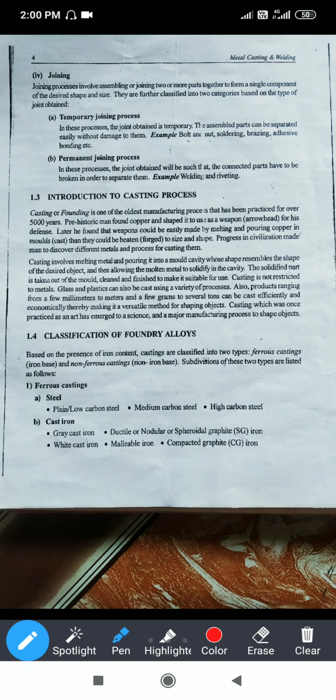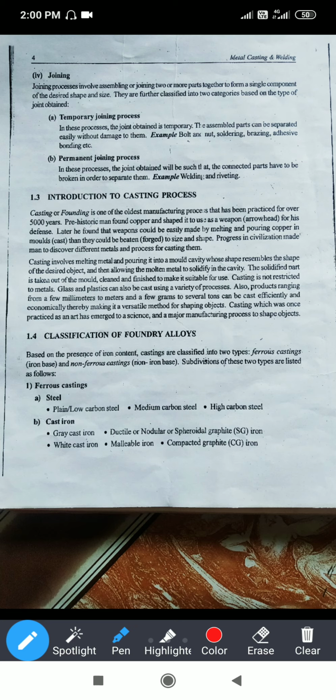Also, products ranging from a few millimeters to meters, and from a few grams to tons, can be cast efficiently and economically, thereby making it a versatile method of shaping objects. So this is what the casting process is.